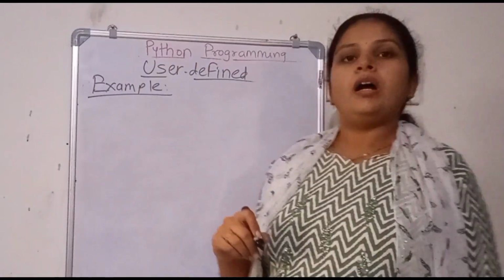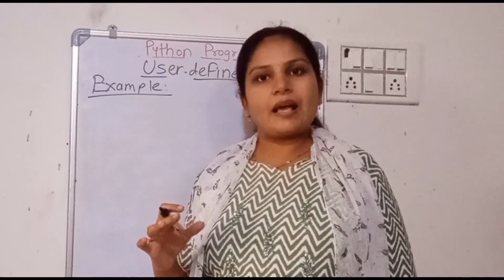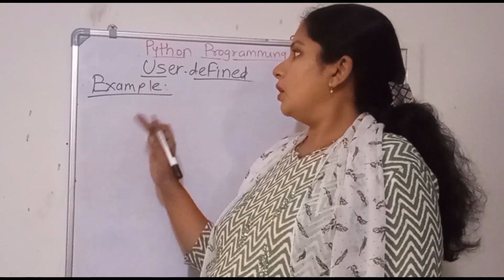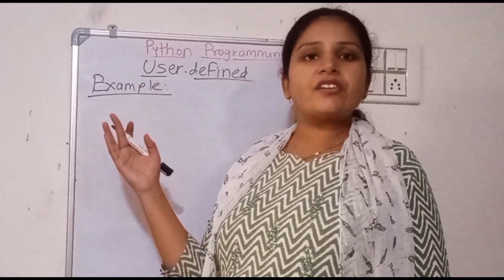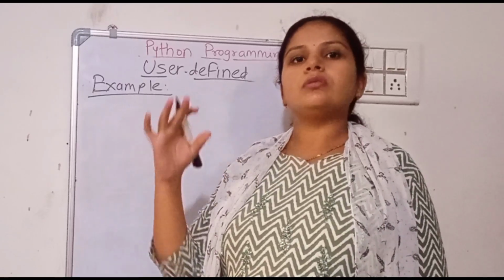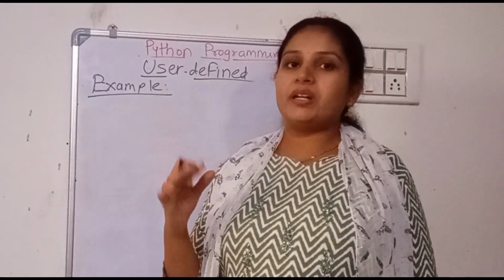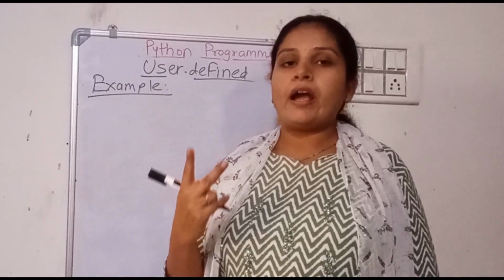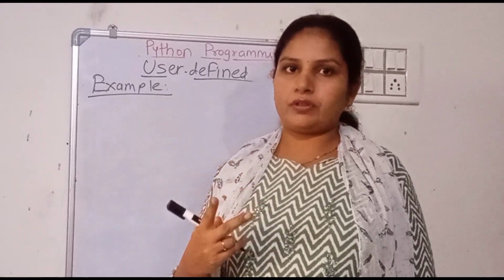Example. Now let's take the example of multiplication of two numbers. We are going to write one Python program to multiply two numbers, and we are creating a function for that.